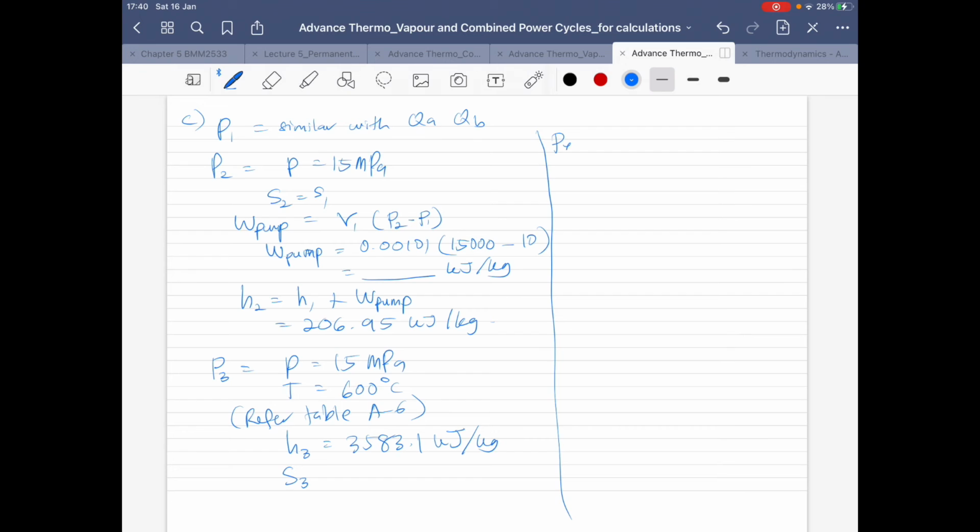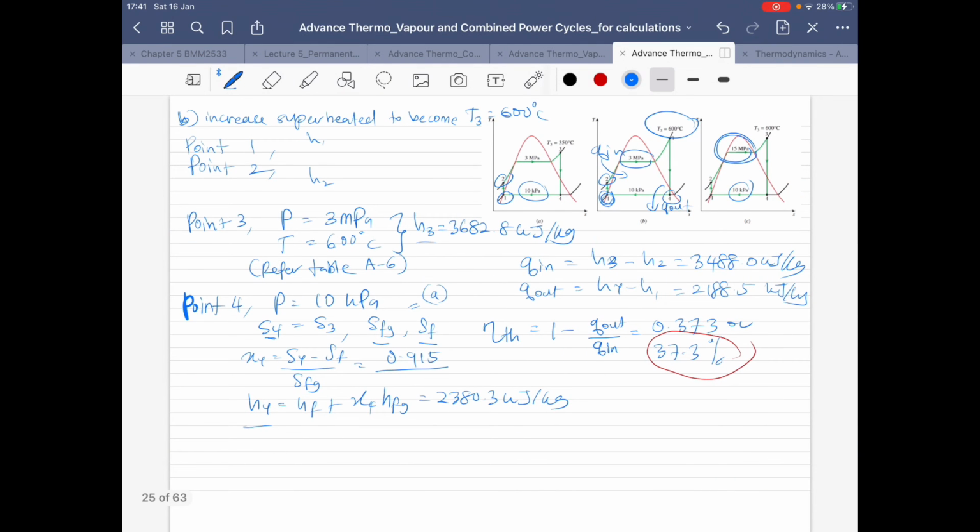Now for point 4, how do we calculate point 4? Point 4 pressure is 10 kilopascal, right? And then definitely we want to calculate the enthalpy H4, but it cannot be exactly the same as H1, because it now has a higher entropy. So S4 equals S3, and then we calculate exactly like the previous one.